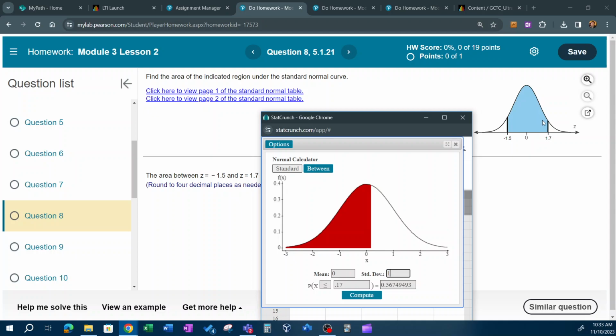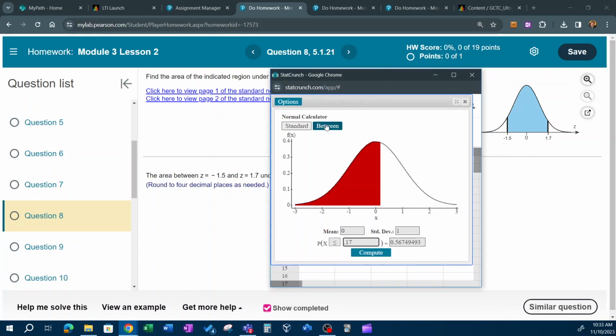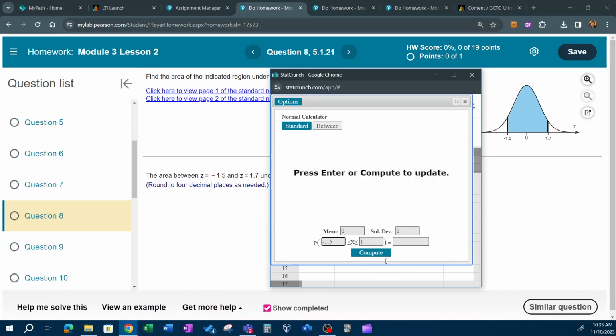All right, and this one, the shaded region is between minus 1.5 and 1.7. All right, so again, it says find the area. That means the last box is going to have the answer, and I need to fill out these boxes. But since it's a between, I can click on that. I'll click on the between, and I'll put in minus 1.5 here, and 1.7 here.